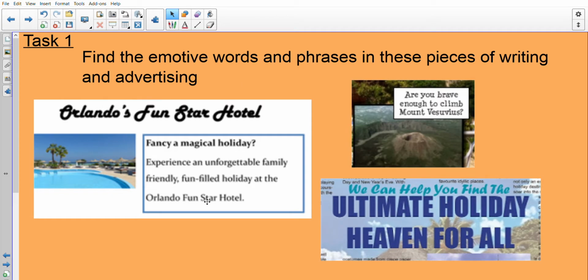Experience an unforgettable, family-friendly, fun-filled holiday at the Orlando Fun Star Hotel. So I want you to pick out all the emotive language from these adverts here. I will start us off just to get us warmed up. Okay, so Fun Star Hotel. Even the name of the hotel has got emotive language in it. The word is fun, isn't it? Okay, a magical holiday.